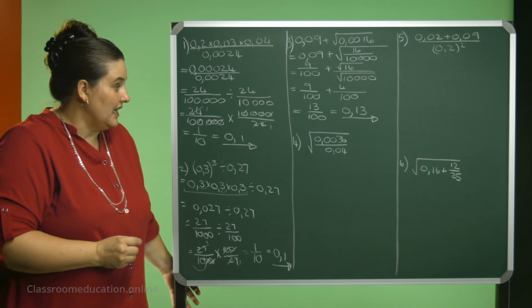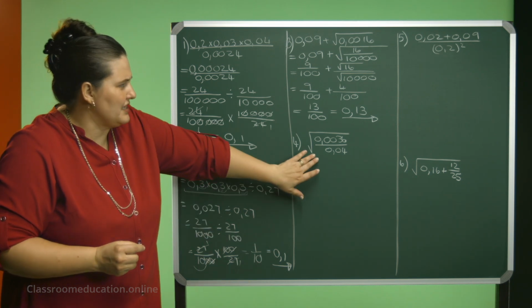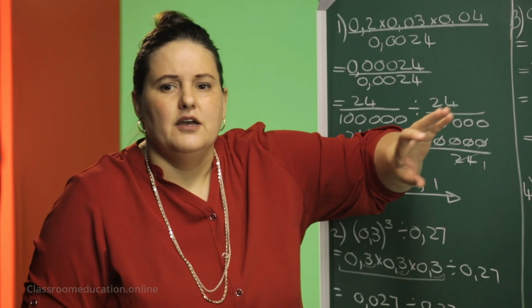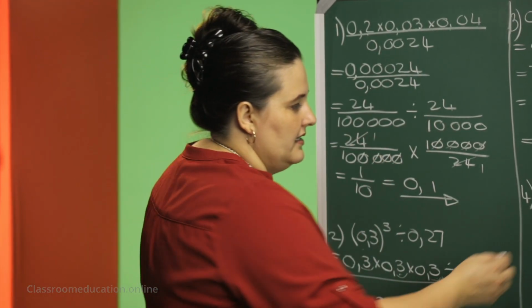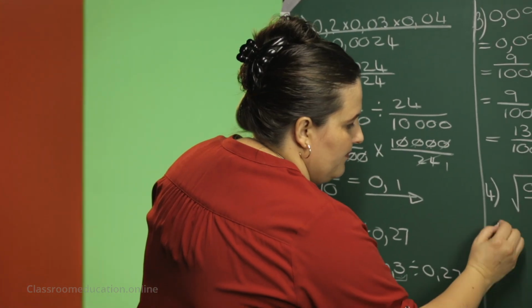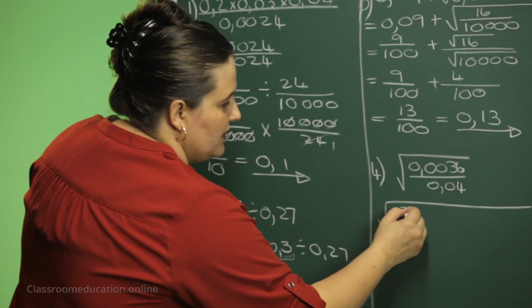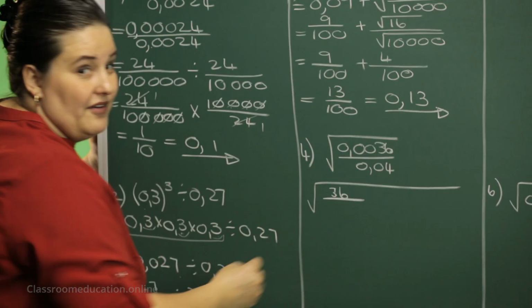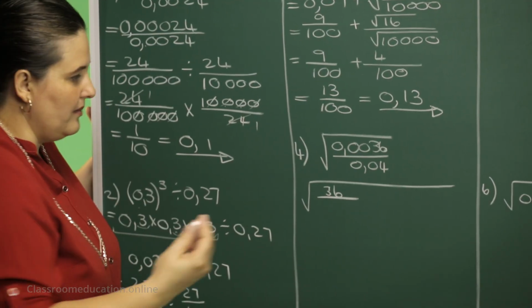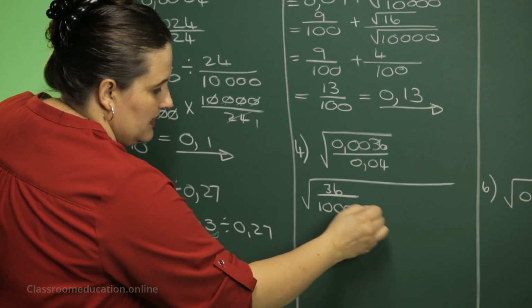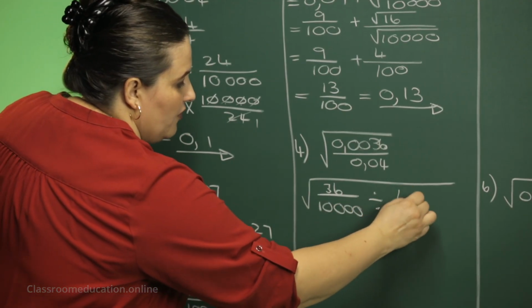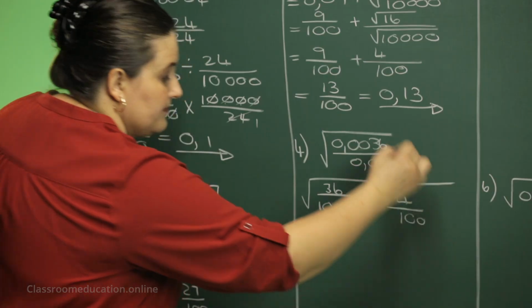Okay. Number 4. Very similar, but we are just practicing this to see if you understand it properly. So this one I'm going to say, okay, let's rather say 36. I'm going to write it now kind of in one step. 36 10,000ths divided by 4 hundredths.